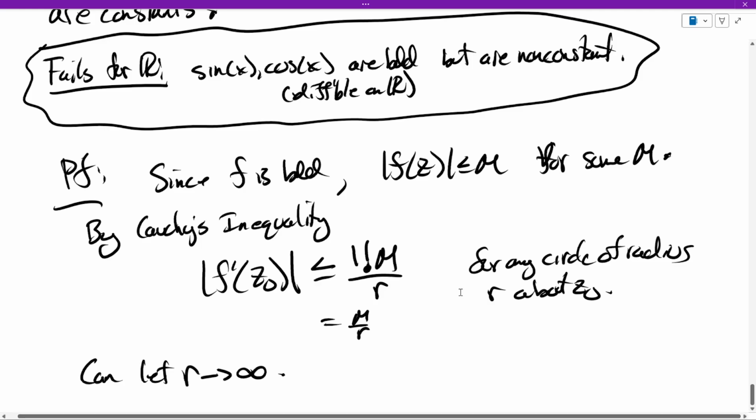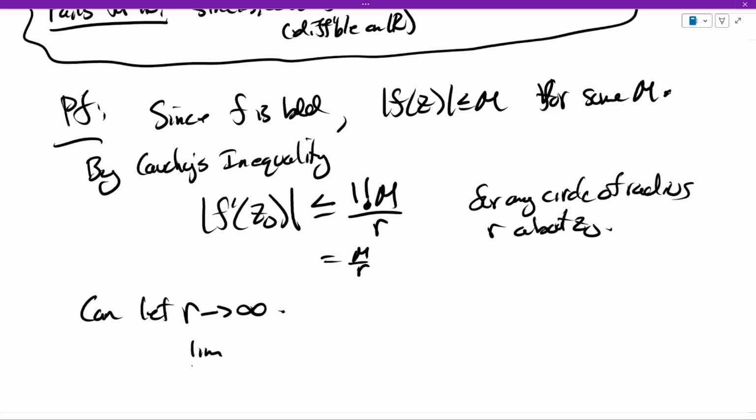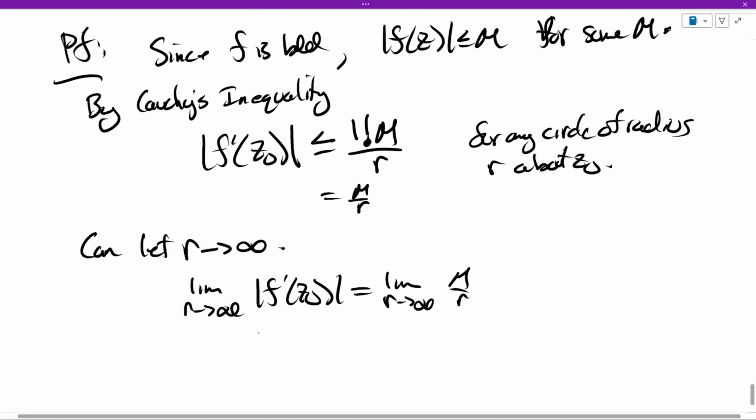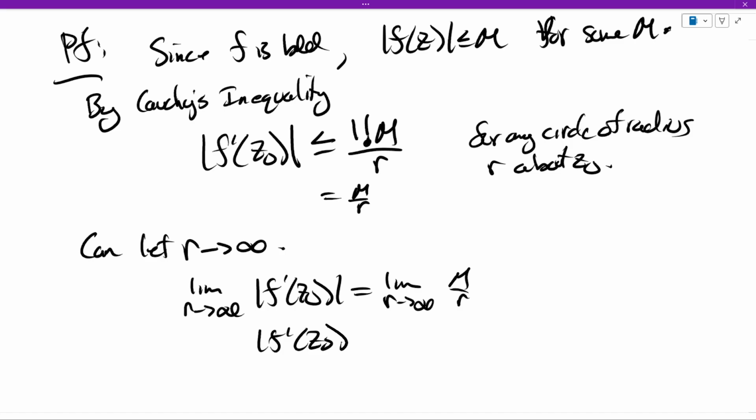That is, if we apply the limit as r goes to infinity of both sides, well, the left-hand side has no r's in it. It's just the modulus of the derivative, so it's just that. But the right-hand side goes to 0 as r goes to infinity.